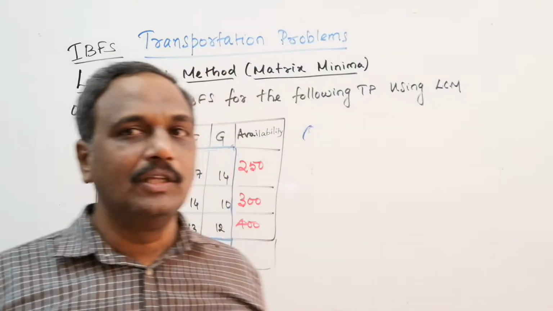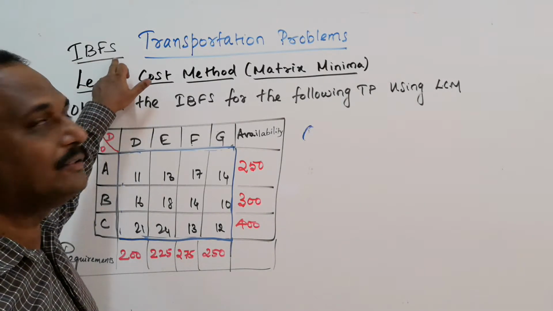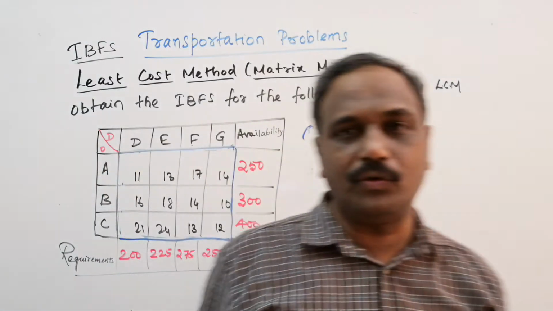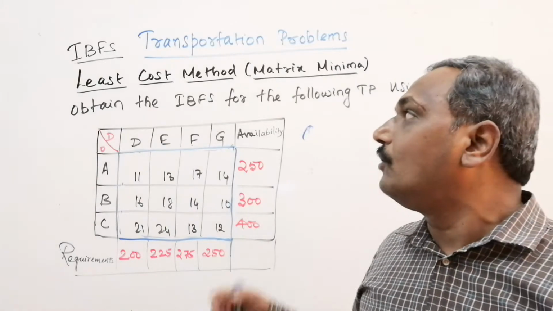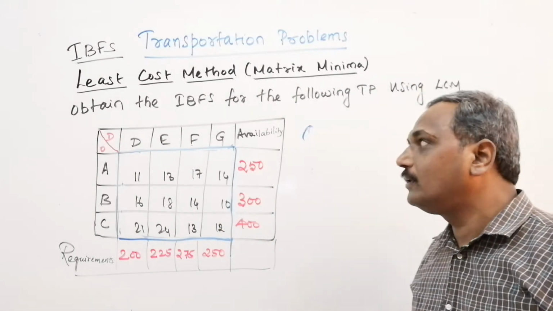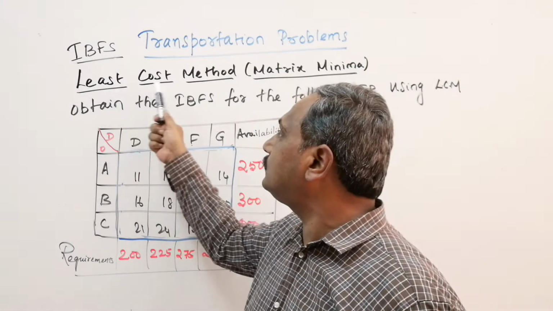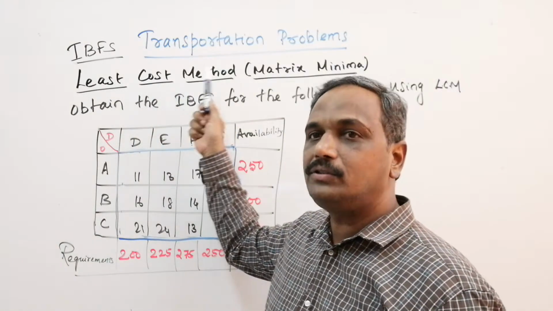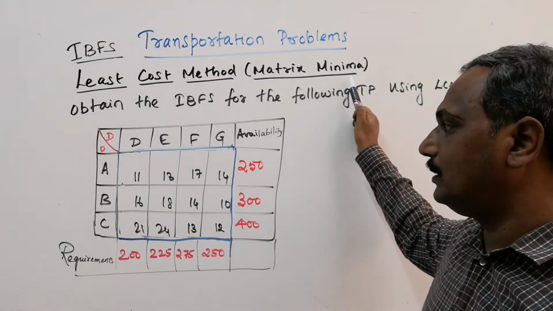These are the methods for finding the initial basic feasible solution, and then we have different methods for finding the final solution. Today we are going to discuss the least cost method, which we also call matrix minimum.